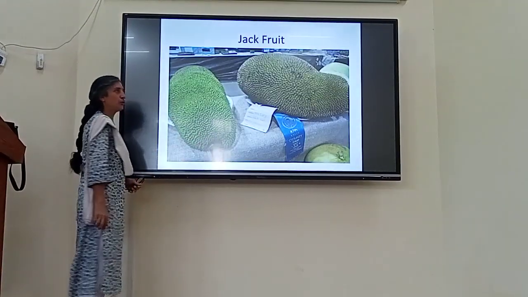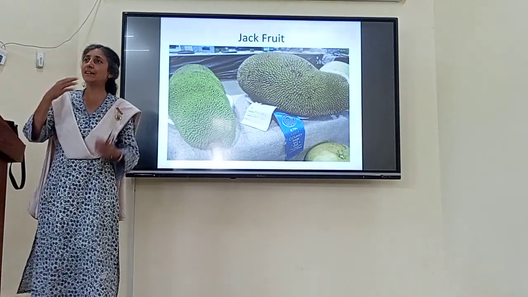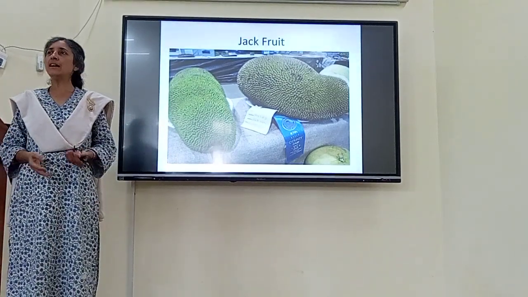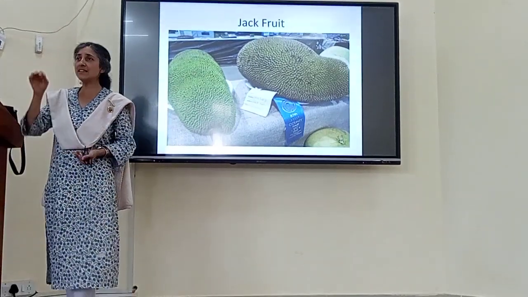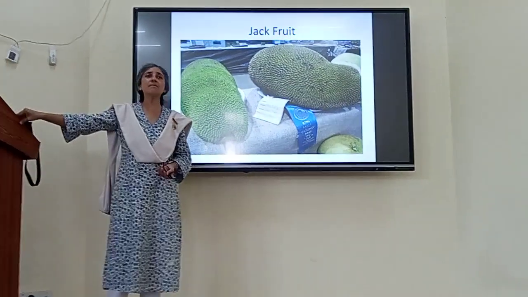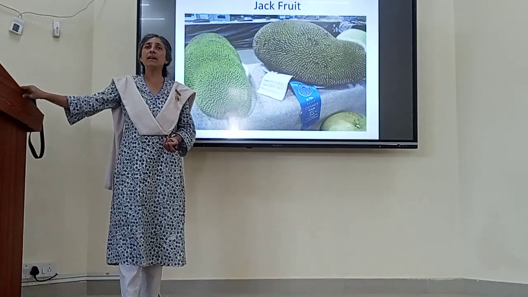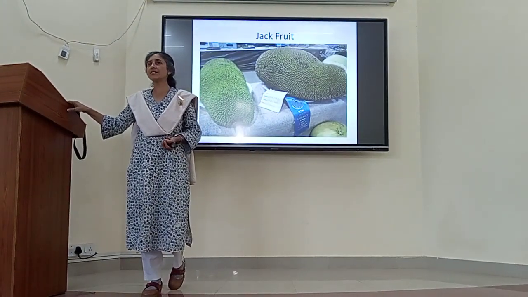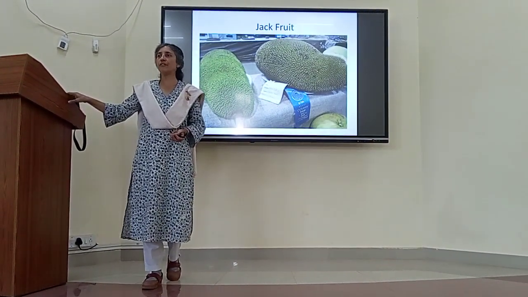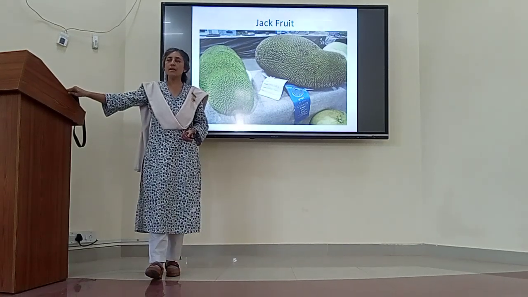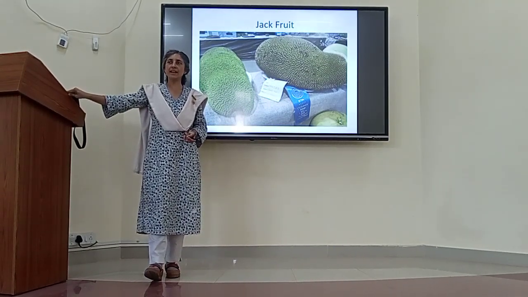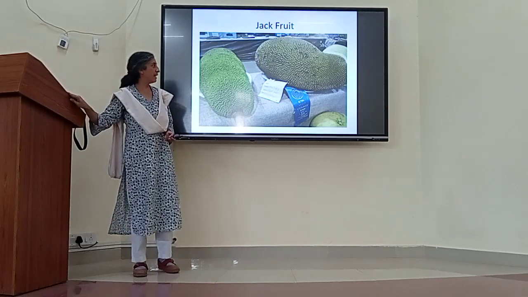It's a very nice fruit, you can eat it, and it has a lot of health benefits. The University of Agricultural Sciences has released many varieties of jackfruit. And the jackfruit released by the University of Agricultural Sciences, Bangalore, has a lot of importance also outside the university because it has been acknowledged.